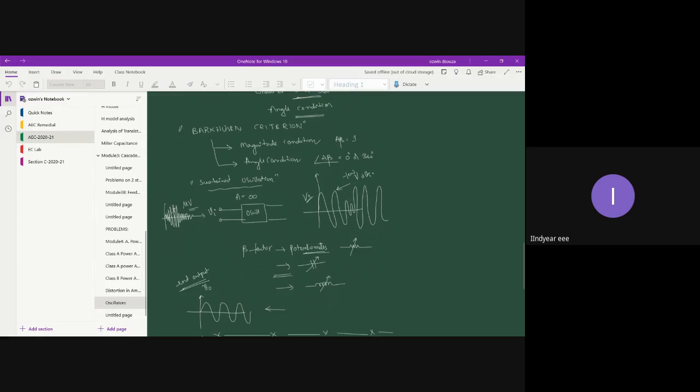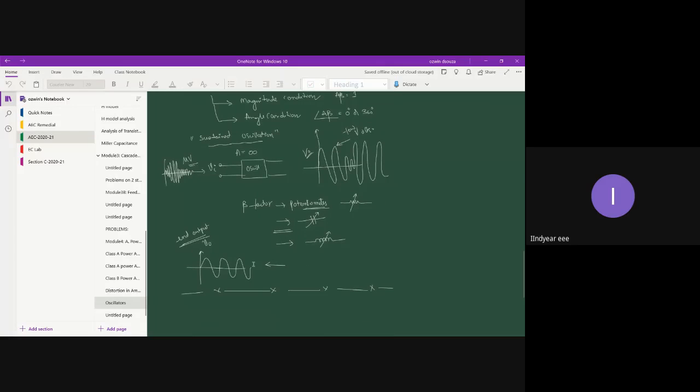Noise is a bidirectional signal, and this noise is then subjected to a closed loop gain of almost infinity. So microvolts of noise is amplified to a volt level using the very high gain of the positive feedback network.